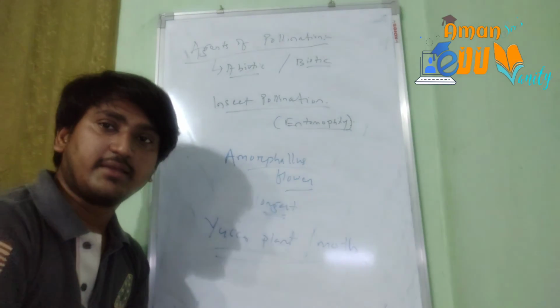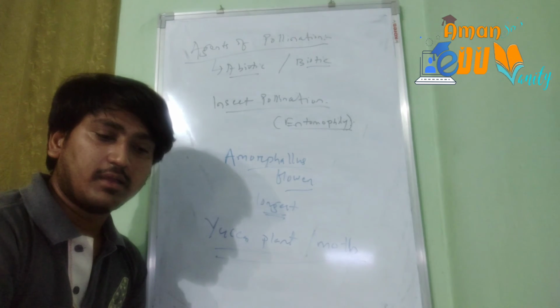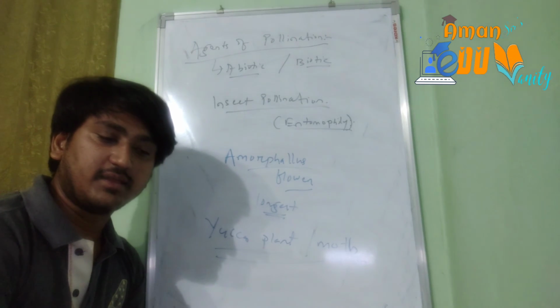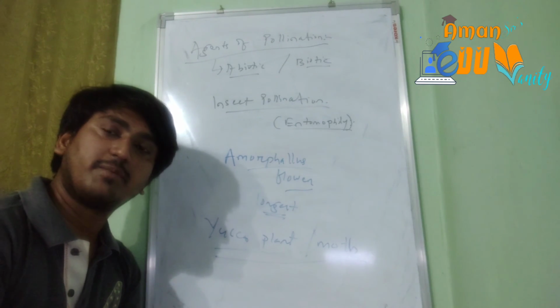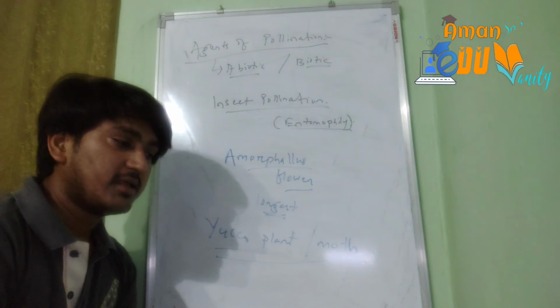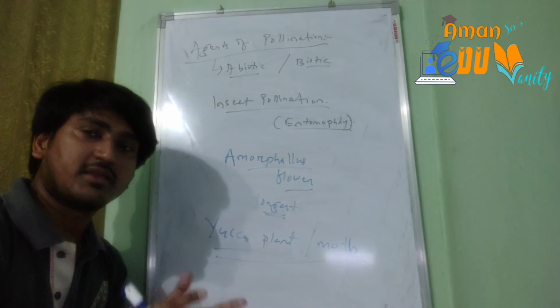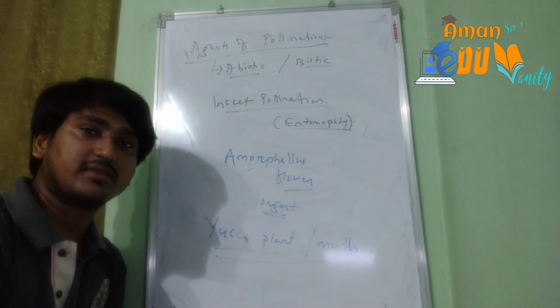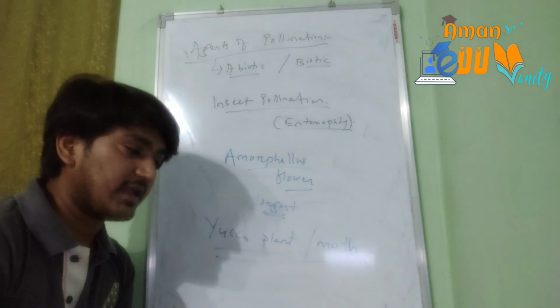The larva hatches out of the egg as soon as the seed starts developing, and before the seed develops fully, the larva comes out and goes away. So it is just like a symbiotic relationship between the flowers and different kinds of insects.